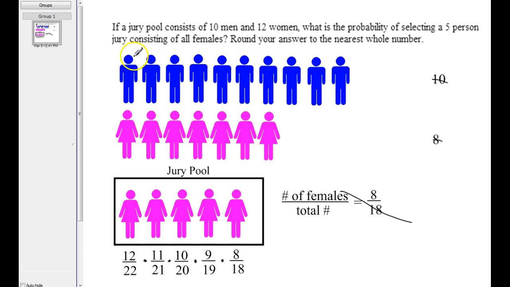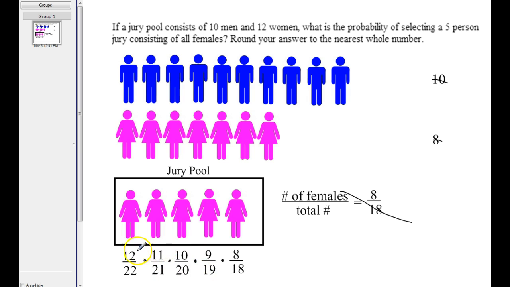This happens almost every time you do these all or none probabilities. If a selection process takes place and one thing happens, then another, then another, many times you'll find the probability of each individual part of that sequence of events, the numerator will decrease and the denominator will decrease by 1 each time.